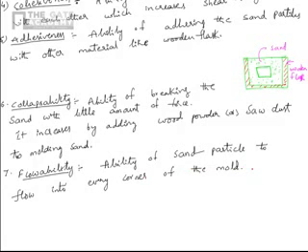The sand particles have to fill the entire space. If there are any gaps in the sand mold, or it is not filling properly, it will create defects in the casting. So the ability of sand particles to flow into every corner of the mold is a property of molding sand.